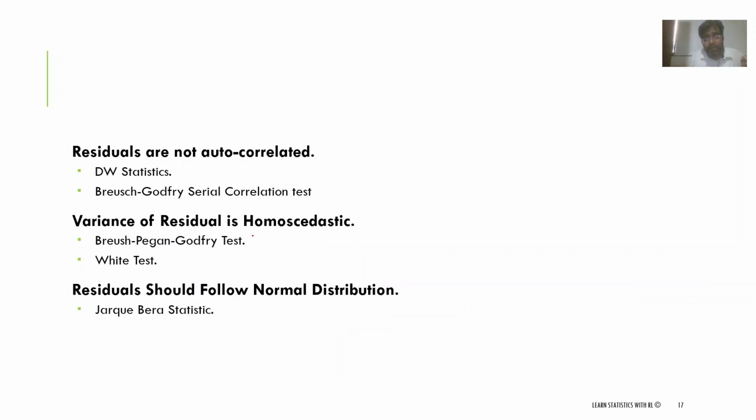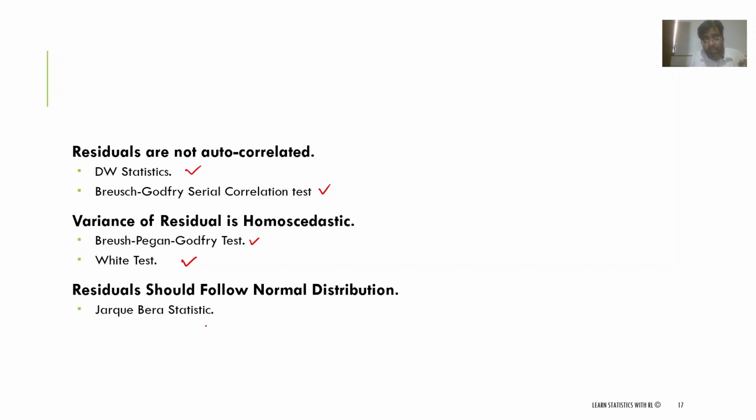More important, your residuals should not be autocorrelated. These are all different tests. We have to see the DW statistic. We have to apply the Breusch-Godfrey serial correlation test, or you can say LM test. More important, the variance of the residual should be homoscedastic. Most of the time we apply the Breusch-Pagan-Godfrey test or White test to check whether our data is homoscedastic or not.